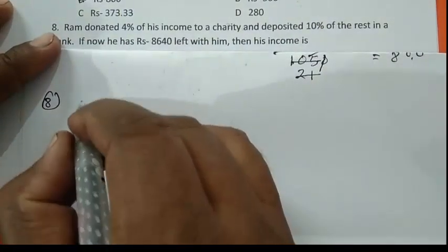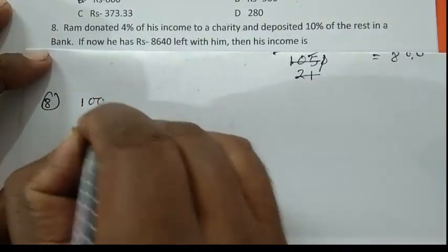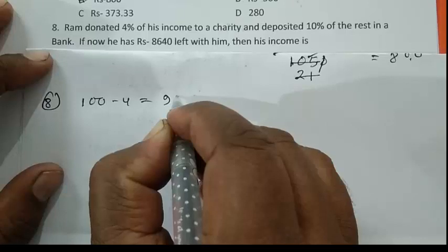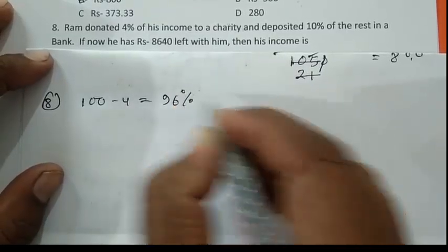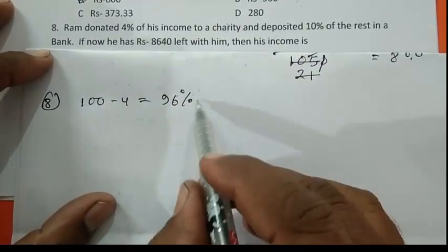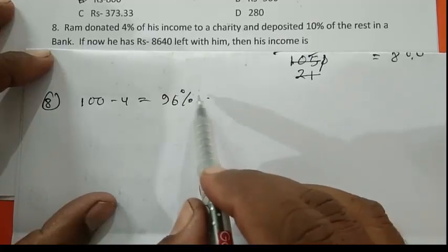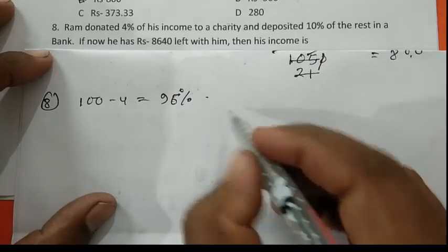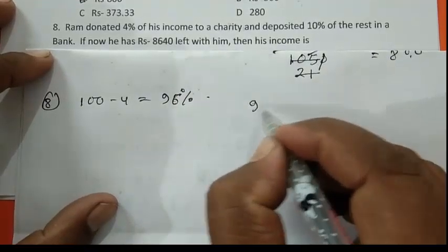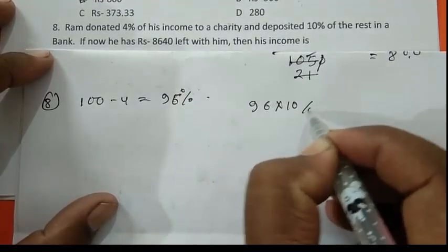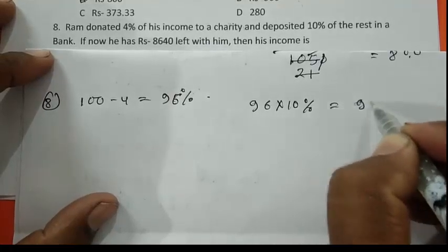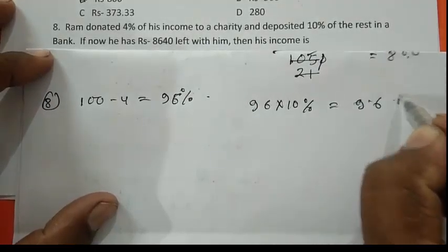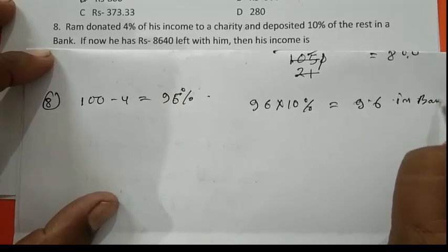Ram donated 4%, that is 100 minus 4, 96% remains. After that he deposits 10% of 96 into the bank. So 96 into 10%, that is 9.6 in the bank.